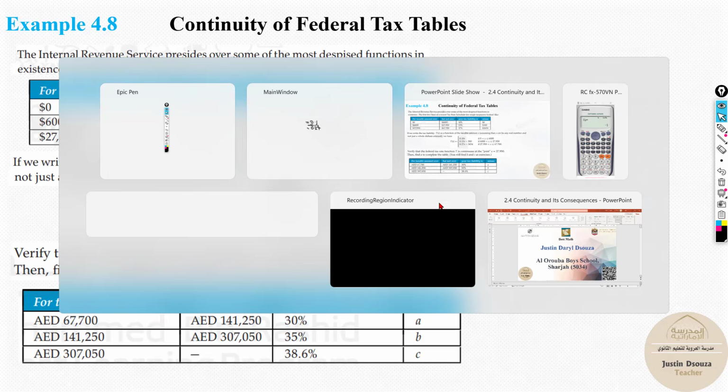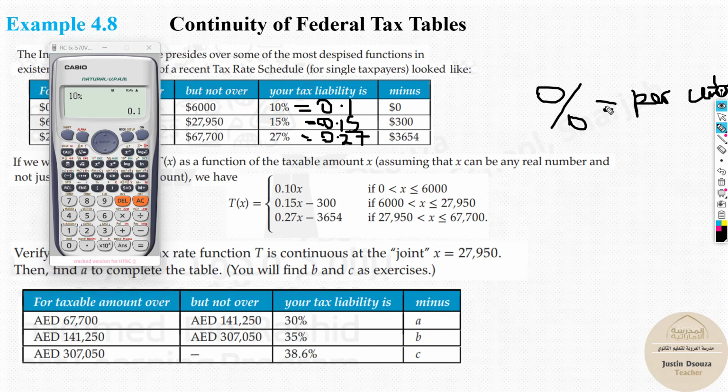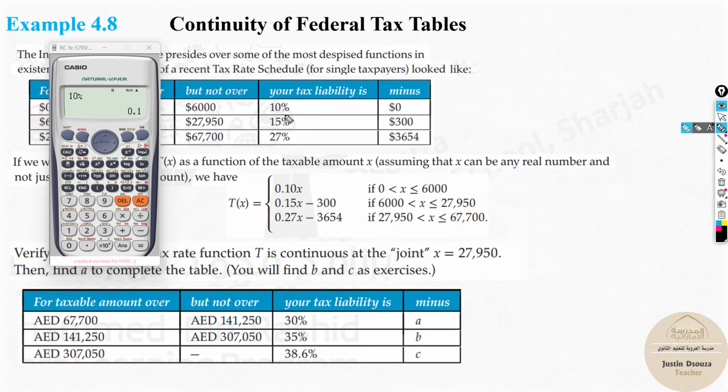If you're getting confused, take out your calculator. There is an option there. If you have 10%, press shift and the percent symbol, press equal, and you will get it. Or just divide by 100. Percent means per cent, and cent means 100. So whatever number is before it, 10 percent means 10 divided by 100. So that will be 0.1.